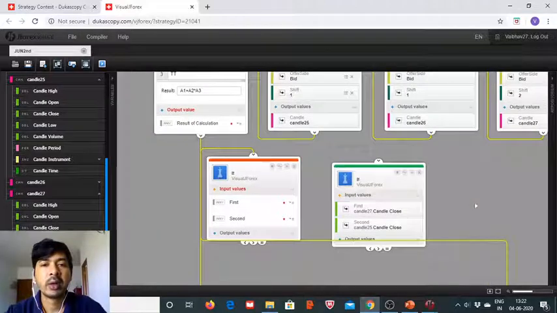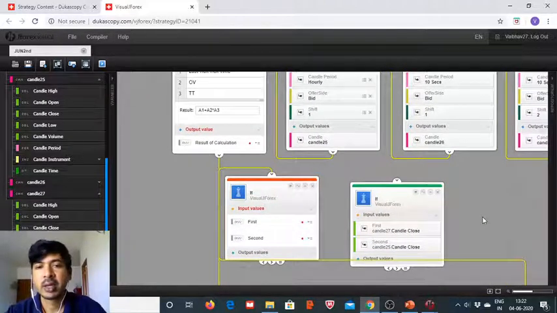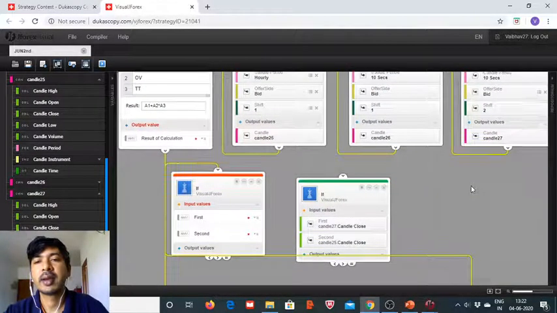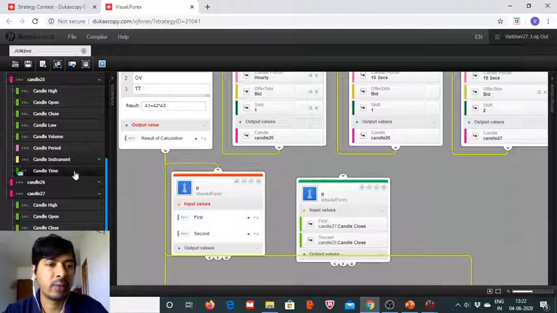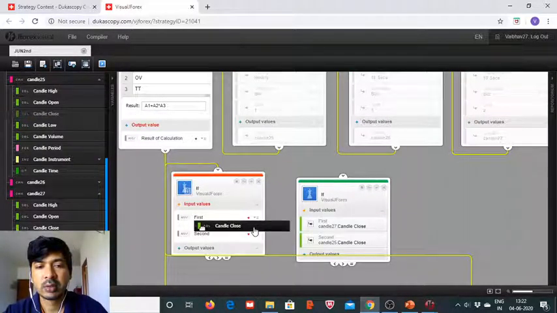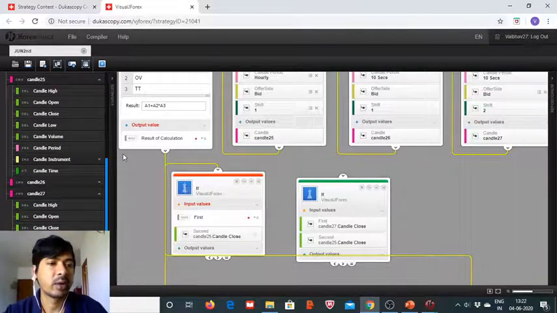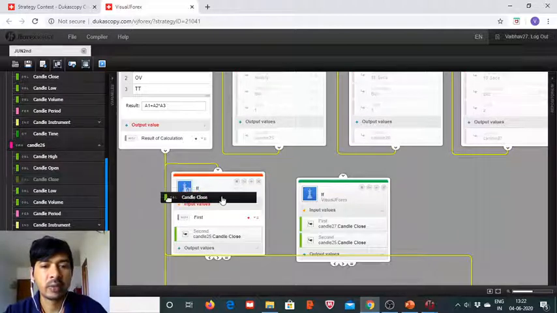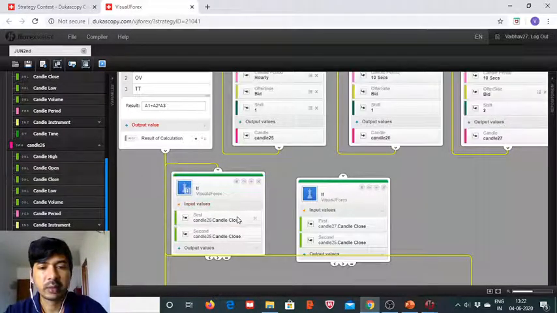Okay, and we also need candle 26 close to be greater than candle 25 close. So again we need candle 25 close to be compared with candle 26 close.